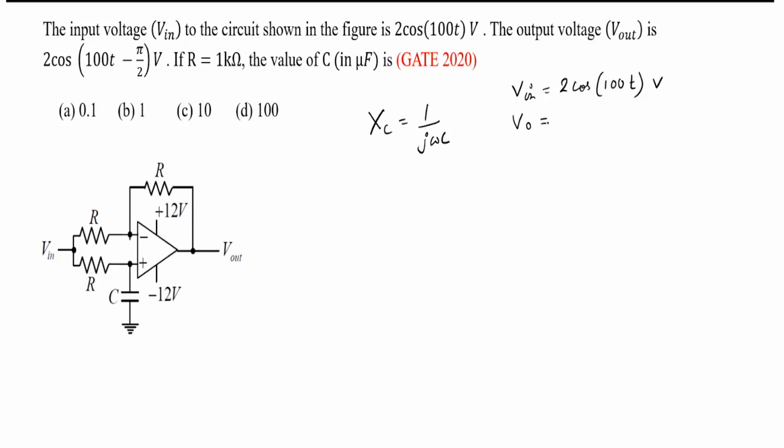And the output is 2 cos(100t minus pi by 2) volt. Can you see that there is a phase difference between the input and the output? Yes, sir. And what is the phase difference here? Pi by 2 or minus pi by 2?